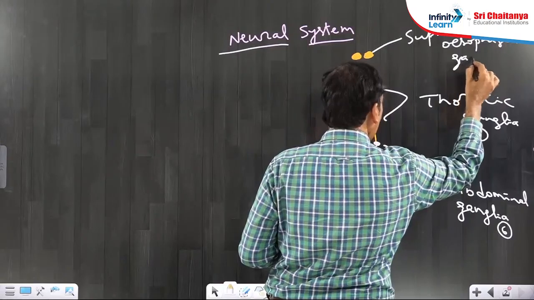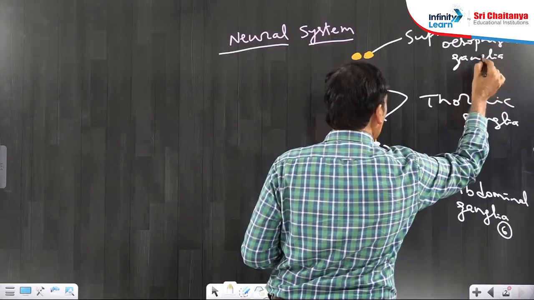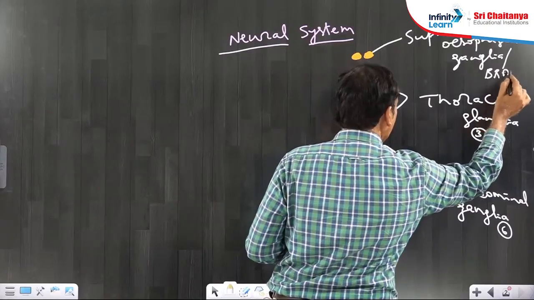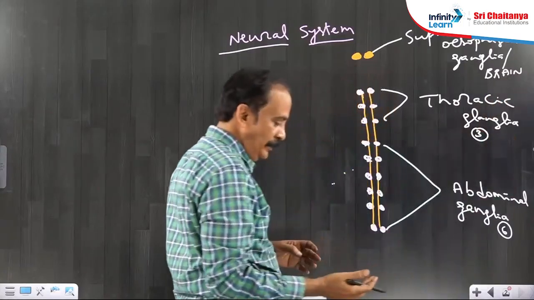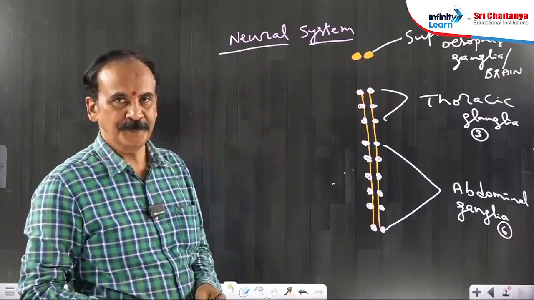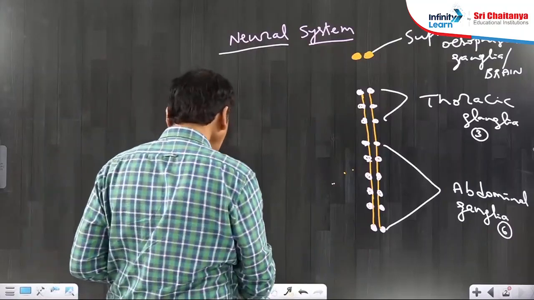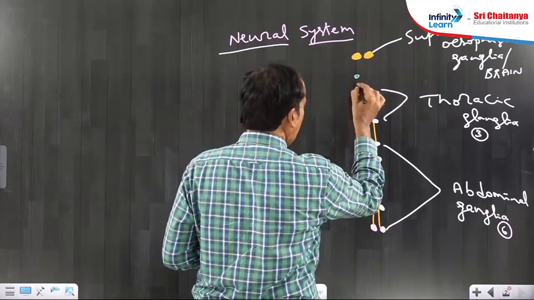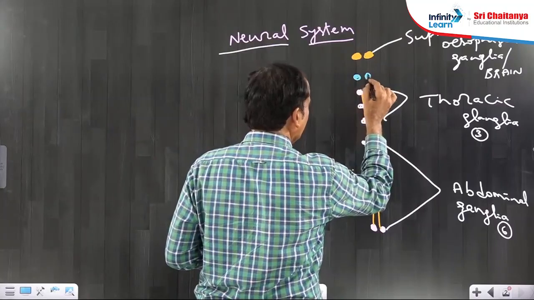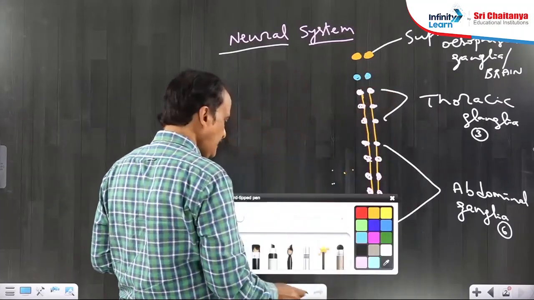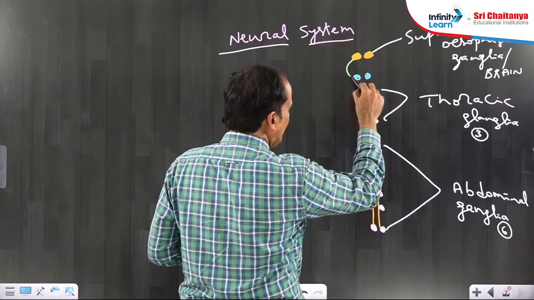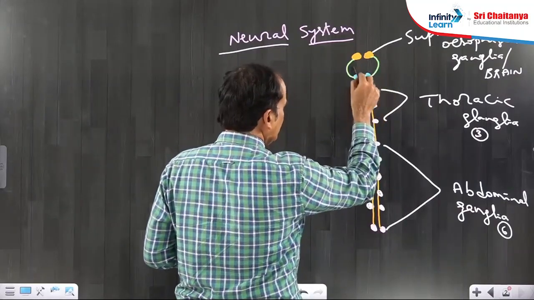Brain in cockroach is also called supraesophageal ganglia because they are present above esophagus. Below esophagus there is another pair of ganglia called subesophageal ganglia, and these 2 pairs are connected by circumesophageal connective.